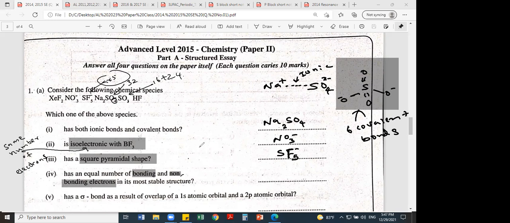So you have to think a bit. Seshan, give the answer. What is the answer for part 4? SO3.